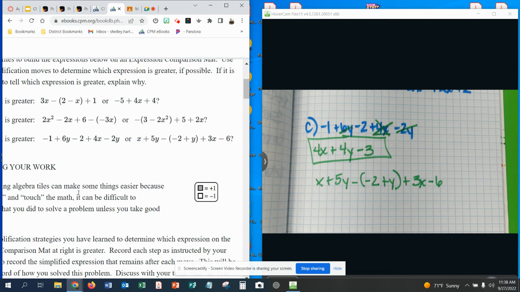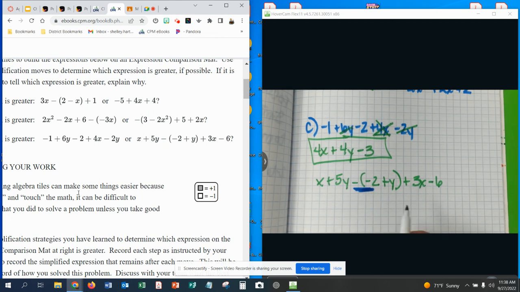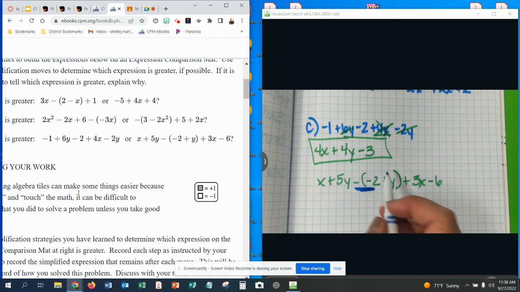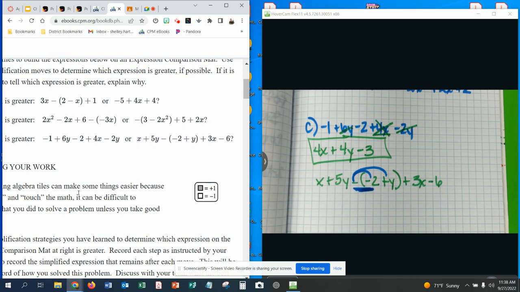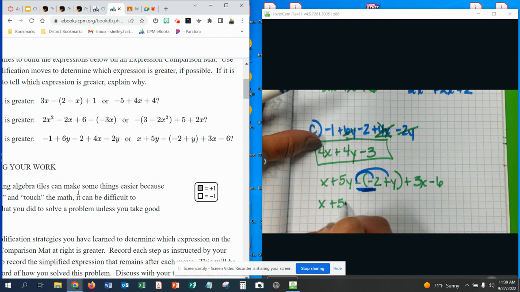Are you sure? Well, no, we need to do the D word, right? We need to distribute, right? So we need to distribute here and here, and then we'll rewrite. Cool? So I'm going to say x plus 5y plus 2 minus y plus 3x minus 6.